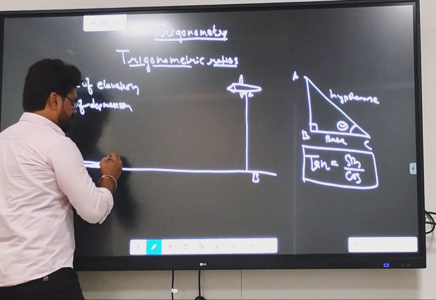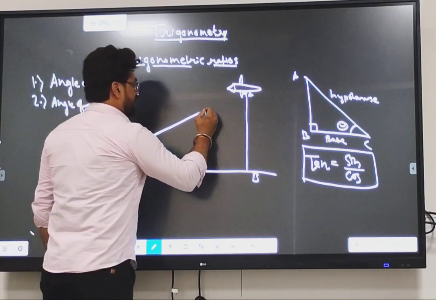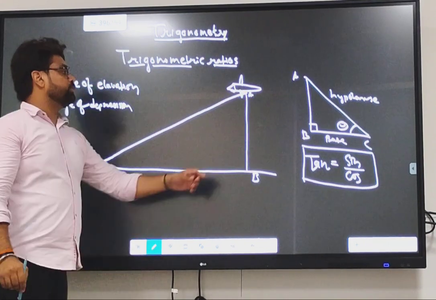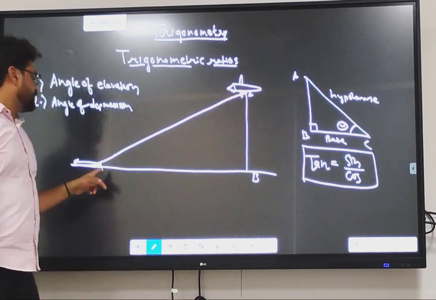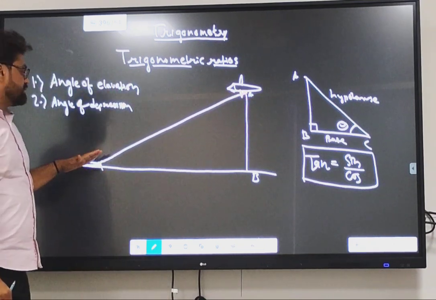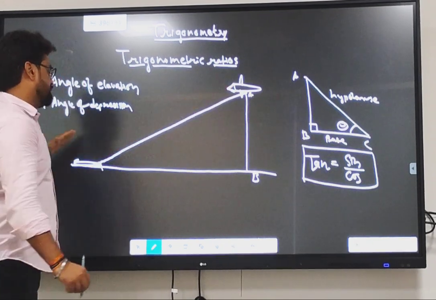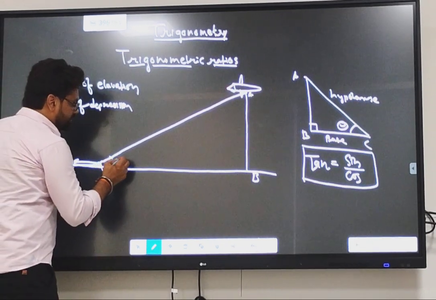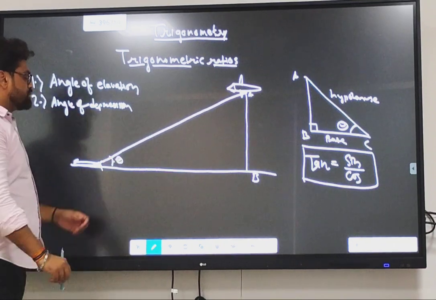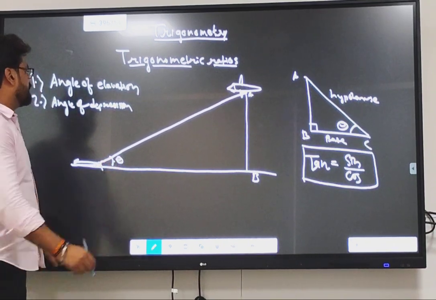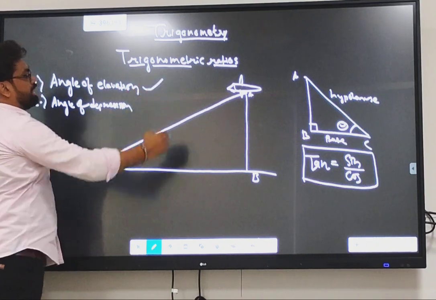So it's the line joining the tip of the plane and my eyesight. This is the eyesight line. Okay, so this line is making an angle theta with the ground.